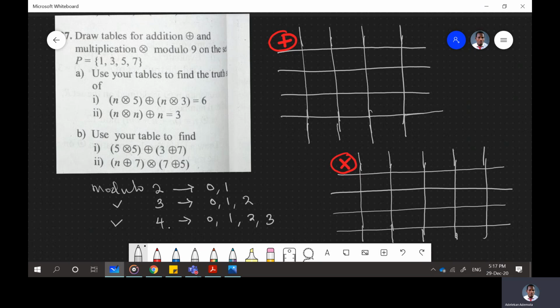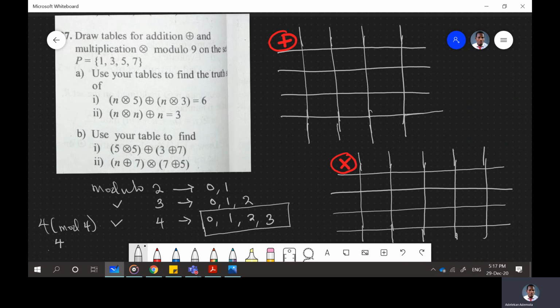So somebody might ask me, what is 4 in modulo 4, for example? Since in modulo 4 you can only have the digits 0, 1, 2, 3, what if somebody asks me what is 4 in modulo 4? The answer is always 0. And how do we show that it's 0? Simple. Do it the way we did the earlier one.